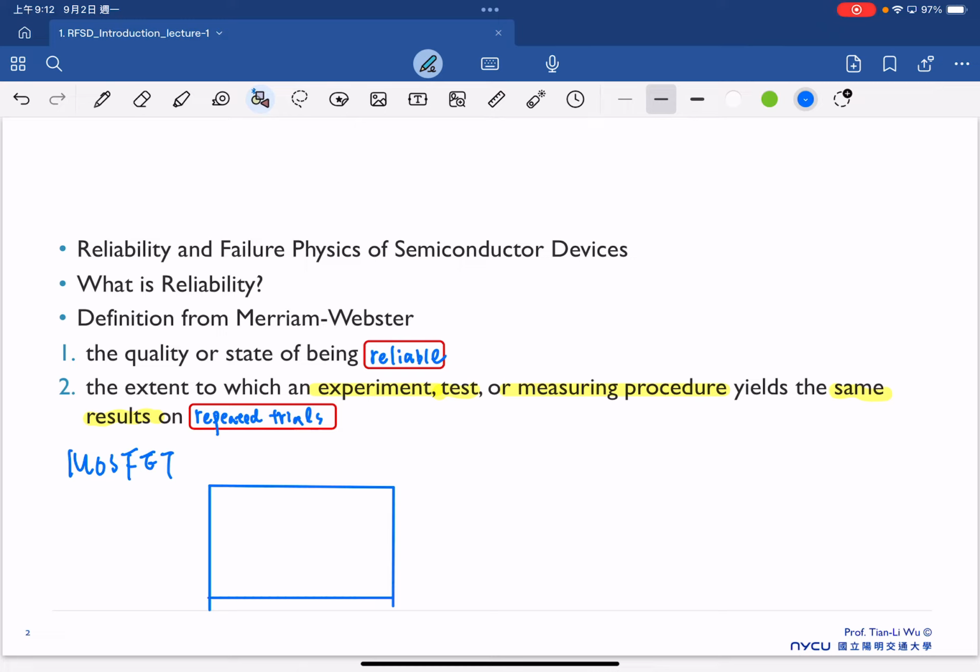It's a structure that has a substrate at the bottom. On top of that, in the MOSFET, one of the most important parts is the source and drain region.